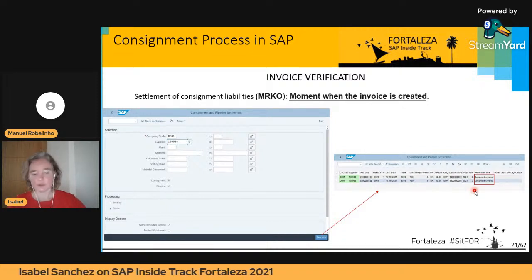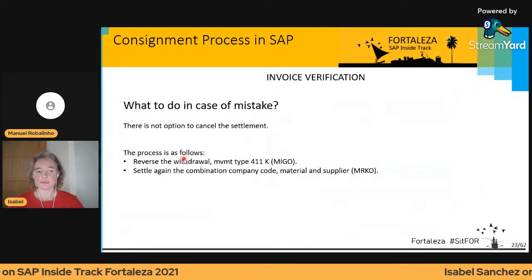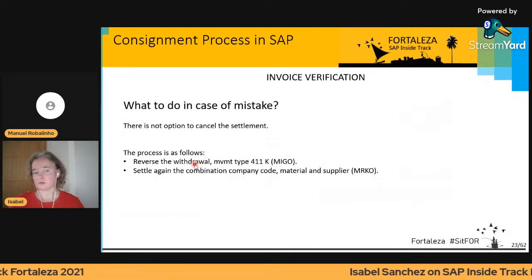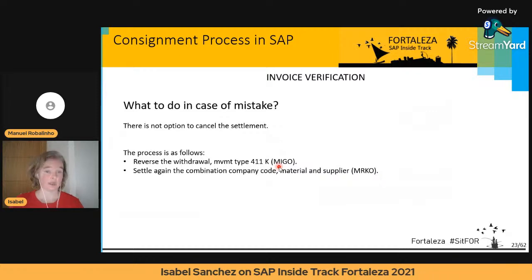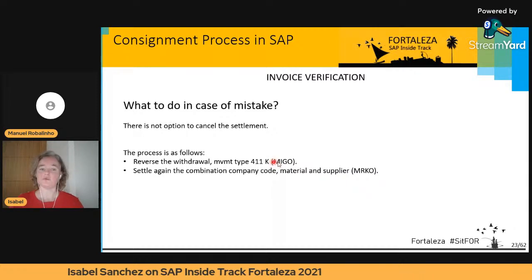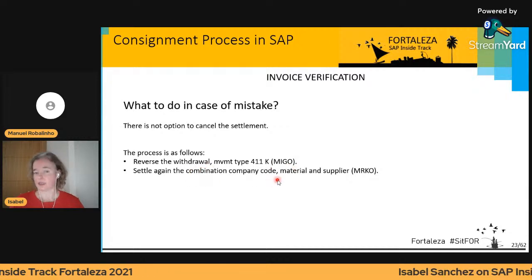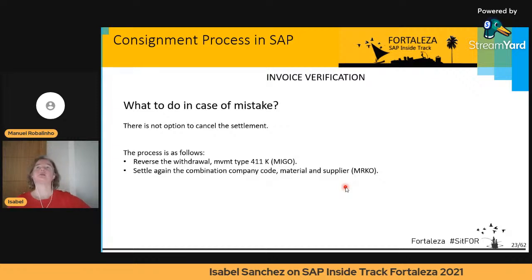So the option is to reverse the withdrawal with MIGO. They make a reverse MIGO for the withdrawal and settle again.